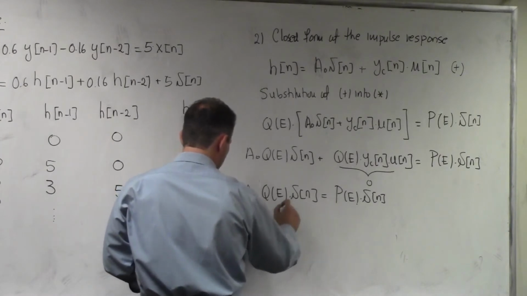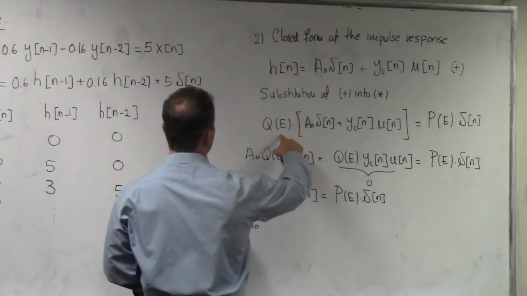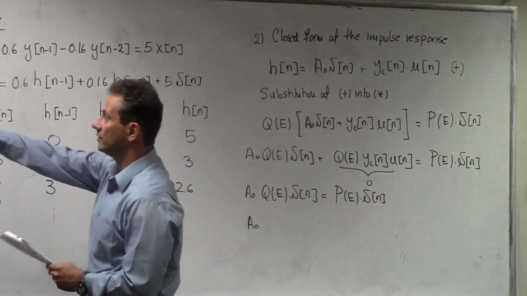This means that A0, now when this Q of E, and I have it spelled out over there, you can see this is E to the n.